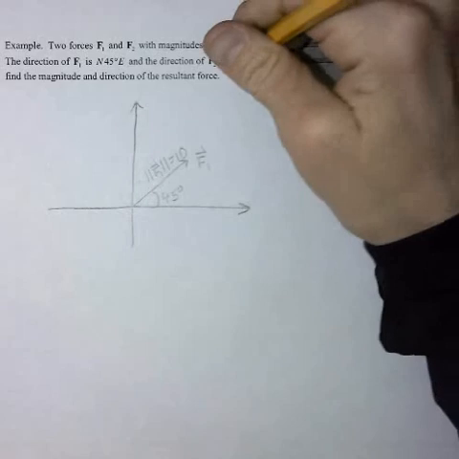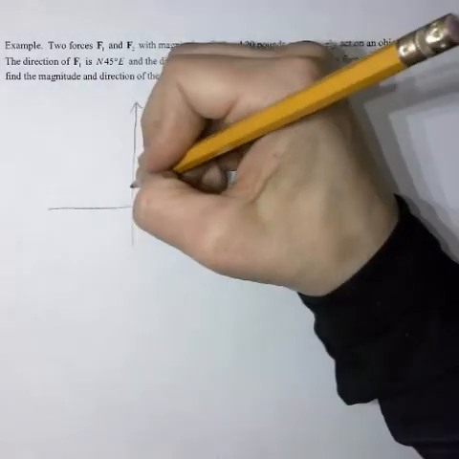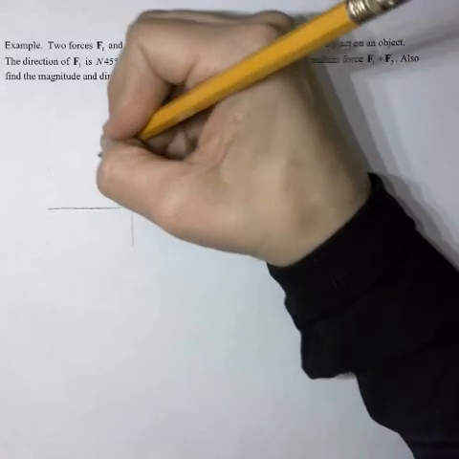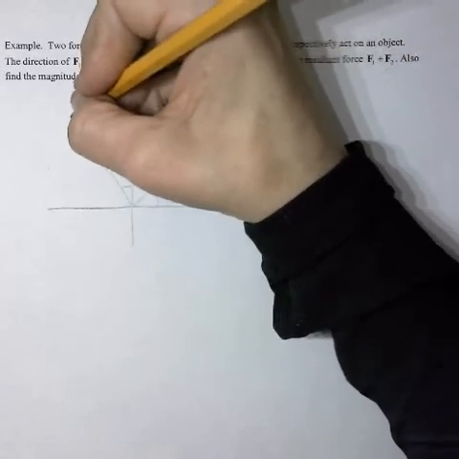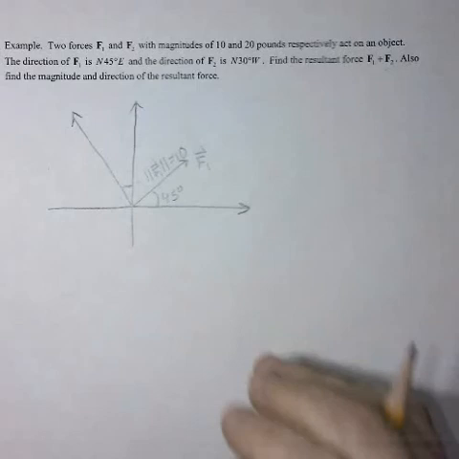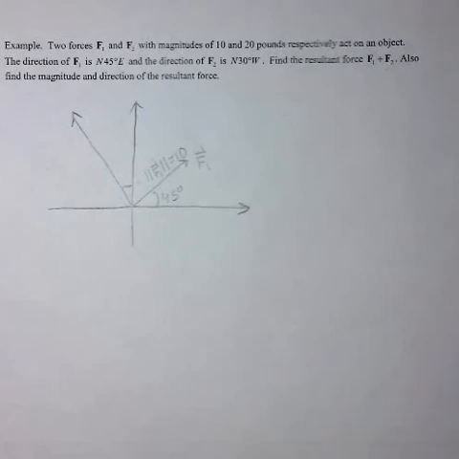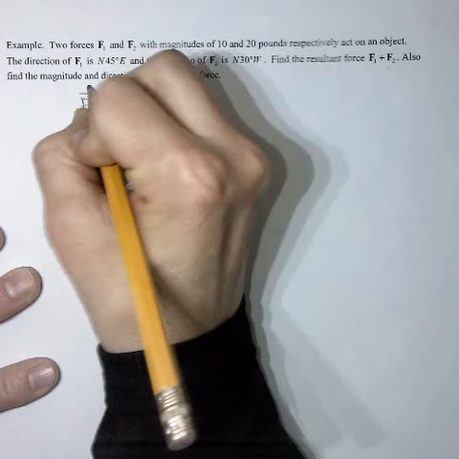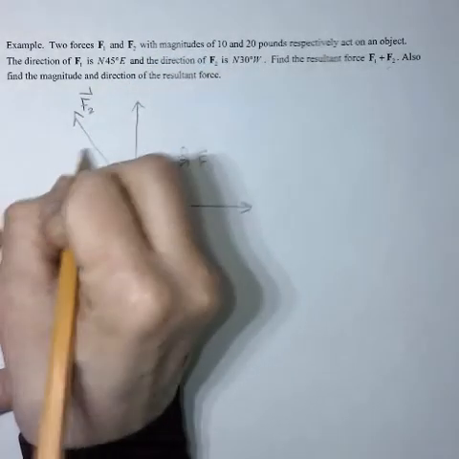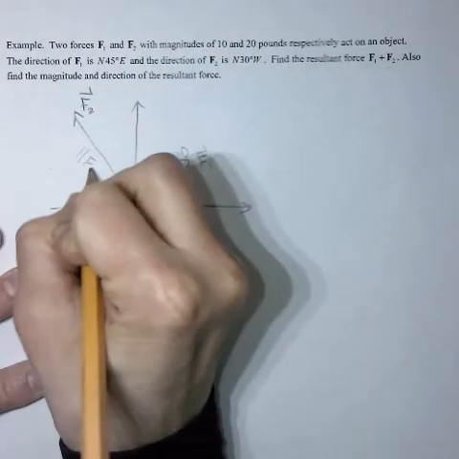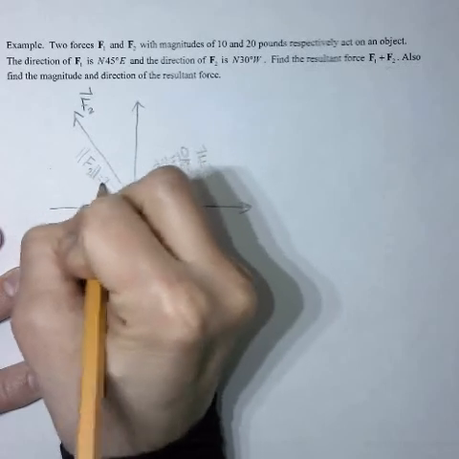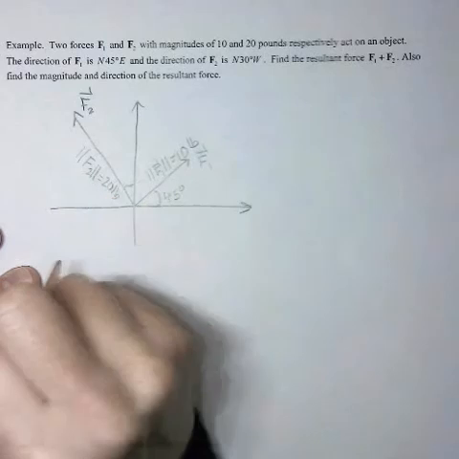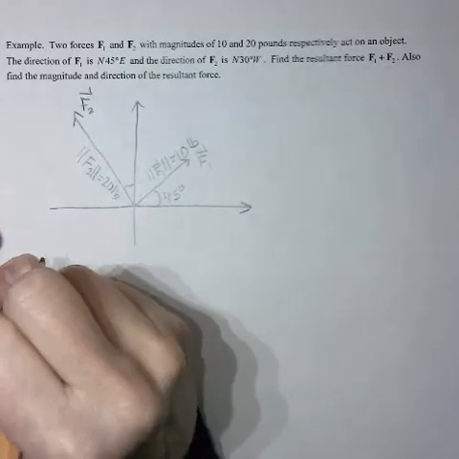So we're measuring 30 degrees here. Try to make this look twice as long. Okay, so here's F2, and the magnitude of F2 is 20. Forces are measured in pounds. And this is 30 degrees here.